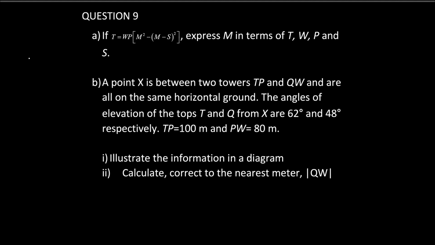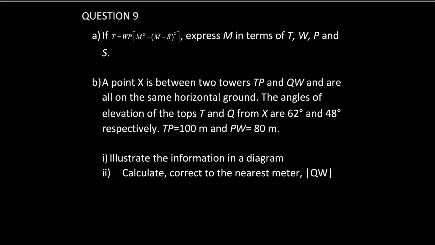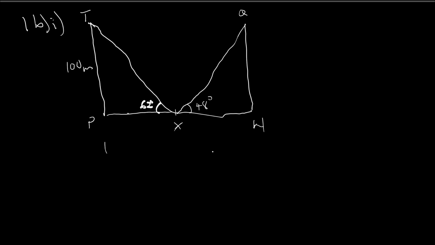Now we are told that TP is 100 meters. And PW is 80 meters, from here to here is 80 meters. So from here to here will be A. And if the whole thing is 80 and from here to here is A, then from here to here will be 80 minus A. All right.